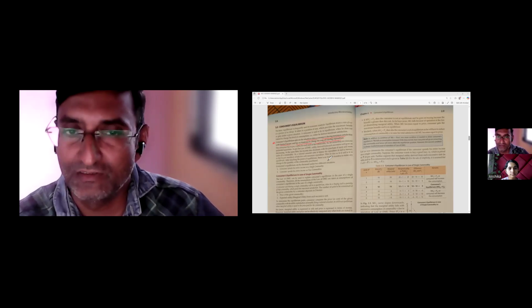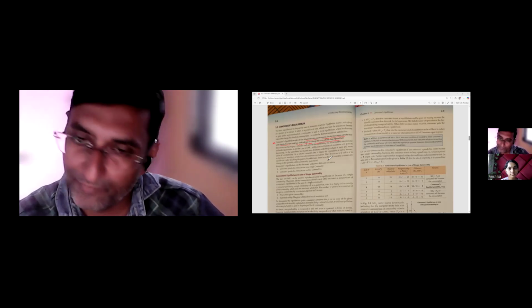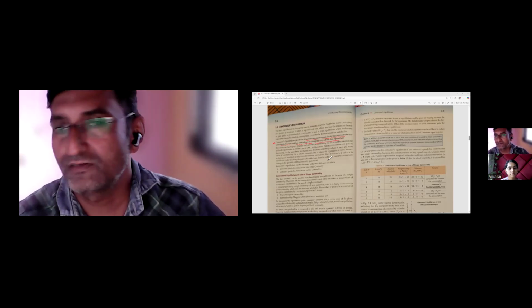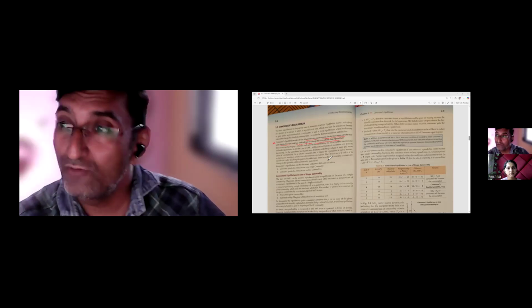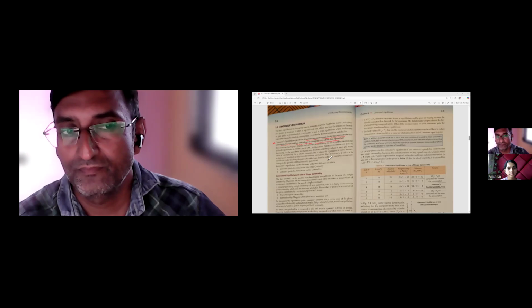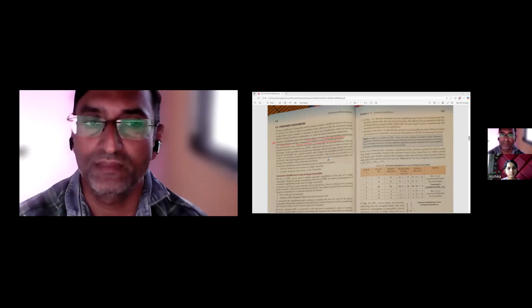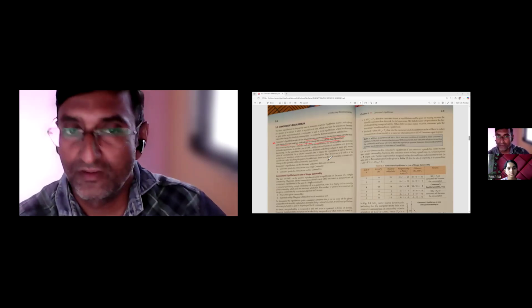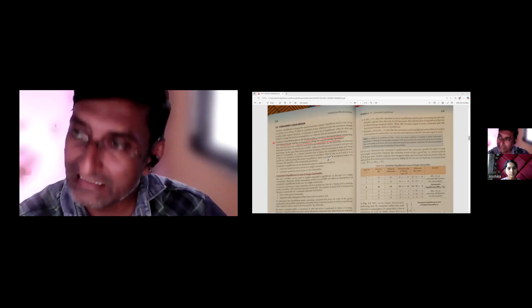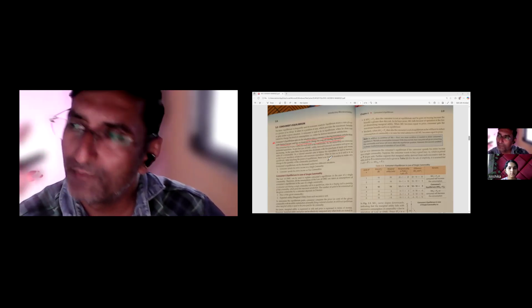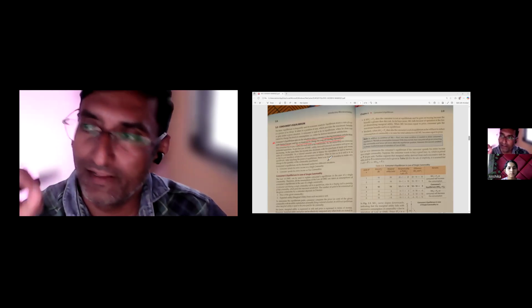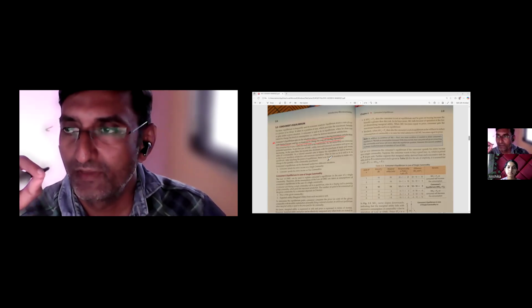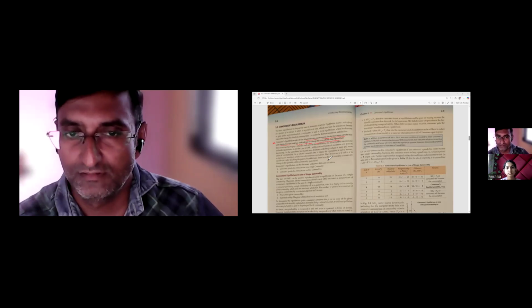Why? Because as a consumer, we want to pay less but get maximum satisfaction from that product. So consumer equilibrium is a situation when a consumer has maximum satisfaction with a limited income level. He wants to spend less, he wants to get more. That is a simple funda.